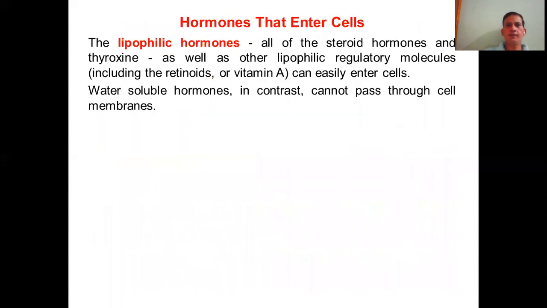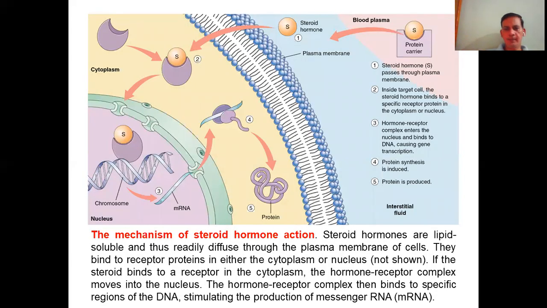Okay, so there are hormones that enter the cells, which we call lipophilic hormones. All of these steroid hormones and thyroxines are lipophilic regulatory molecules. The other molecules, which are water soluble, cannot pass through the cell membranes. Let's see an example here.